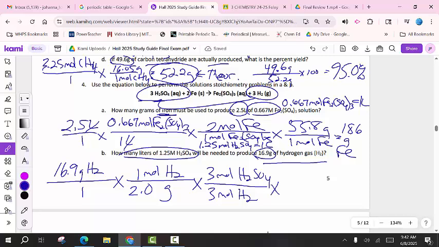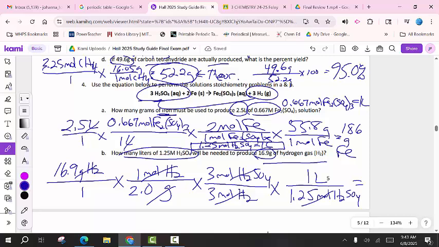This looks similar to the last section, but now this is the different part. We're going to use what we talked about before, where we make molarity a conversion factor. Because I had grams cancel out and moles cancel out, right now I have moles of H2SO4. So I'm going to put the 1.25 moles of H2SO4 on the bottom so it cancels out, and put 1 liter on the top.